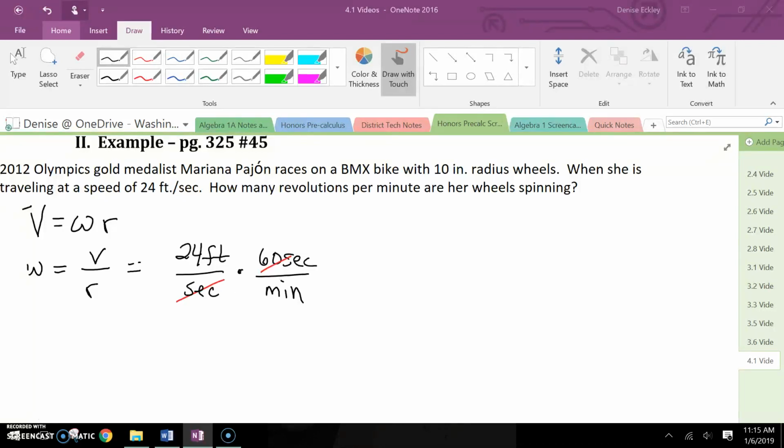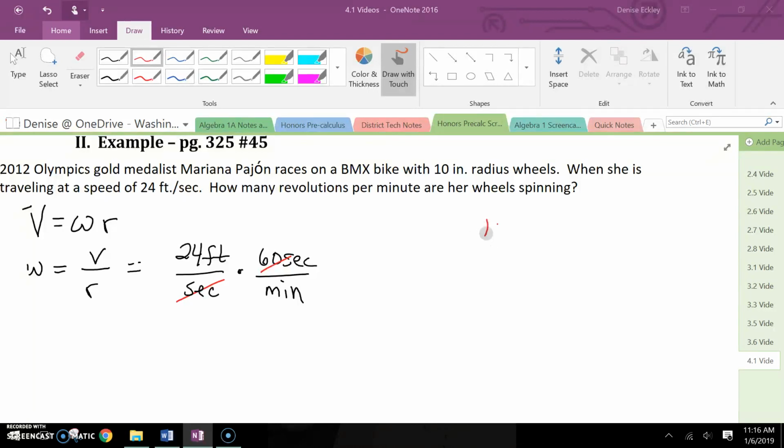And then I'm going to divide that by my radius, but I have to change my radius, which is in inches, to feet. So over here on the side, I'm first going to do that conversion.